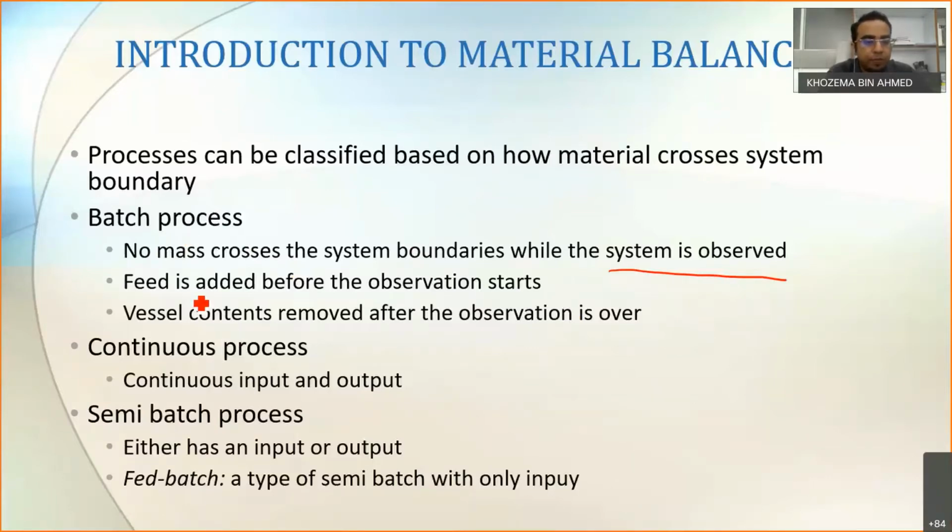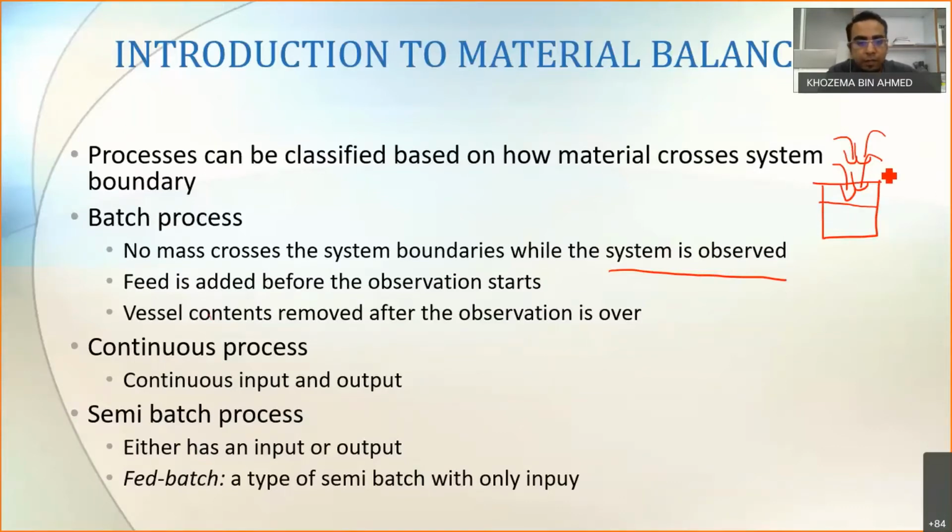Feed is added before the observation starts. Let's say you have a pot. You put your water, you put your vegetables, you put your meat, you put your rice or whatever in the system, and then you observe the system. This system is considered a closed system because during the time you are observing it, you are not putting anything into the system anymore.